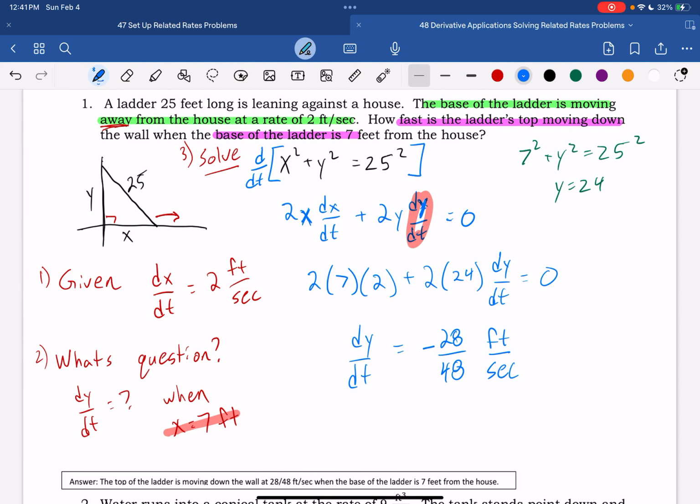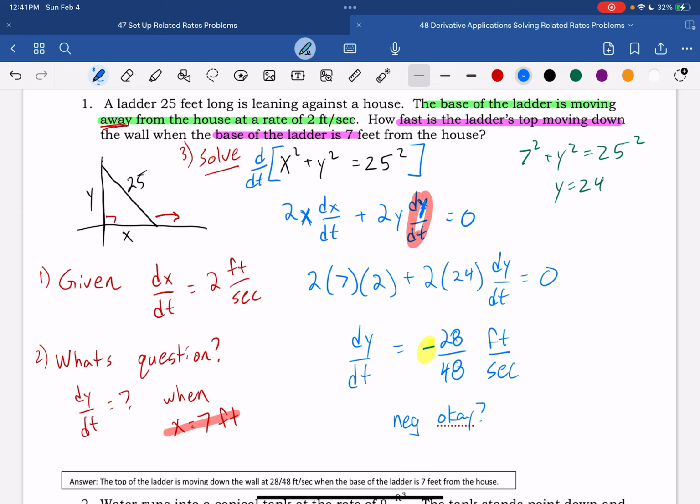Now, something that you want to make sure you're okay with is the negative. When we see that your rate is negative, we're going to ask: is negative okay? In this case, yes, because the ladder is moving vertically down.